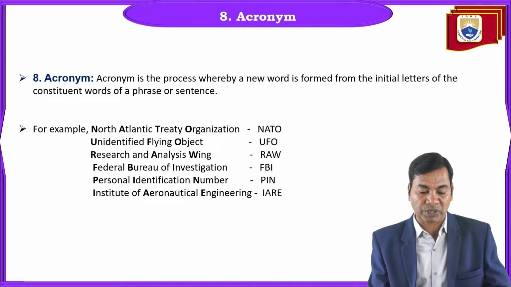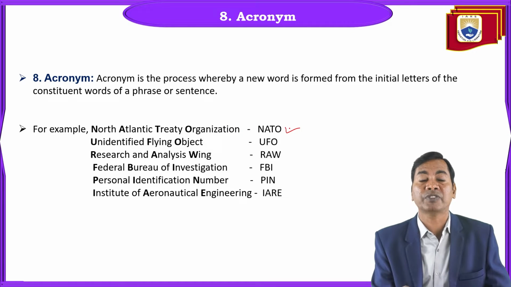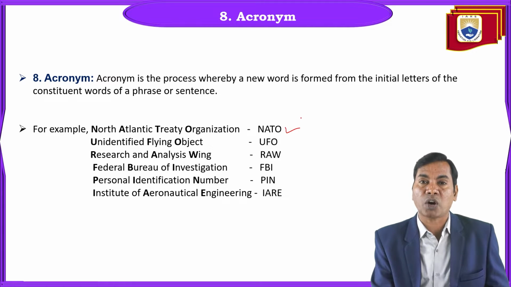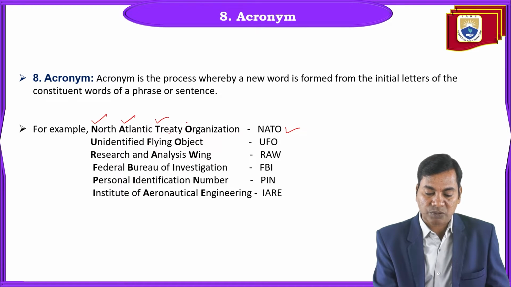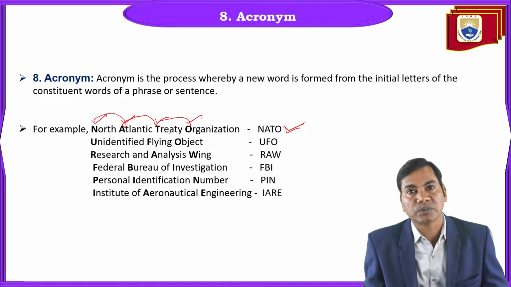For example, look at this: North Atlantic Treaty Organization. The acronym for that is NATO, which is well known throughout the world. This NATO is formed from the initial letters of each word. N from North, A from Atlantic, T from Treaty, and O from Organization. By combining these initial letters, we have got the acronym NATO.